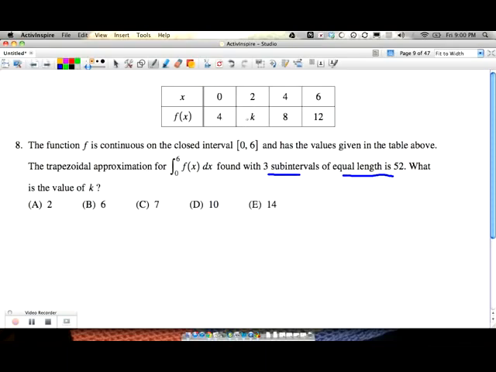Alright, so we've got a trapezoidal rule. What that means is that I have one trapezoid plus another trapezoid plus another trapezoid. And these heights here, these are the function f of x.